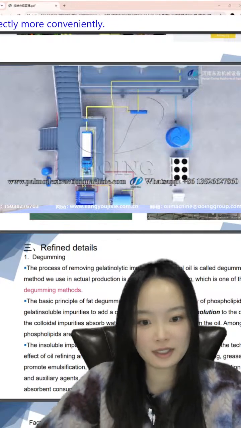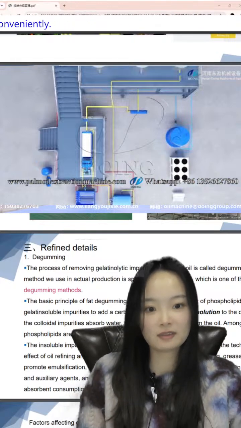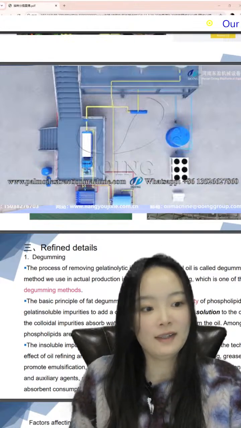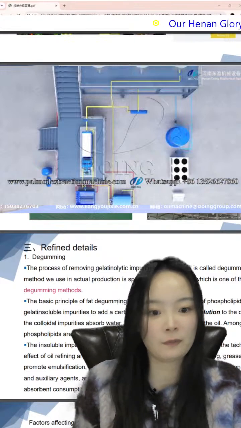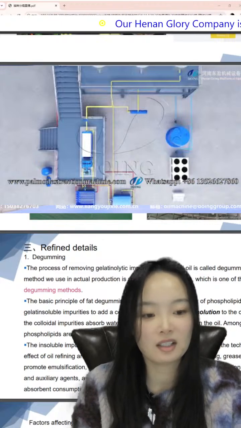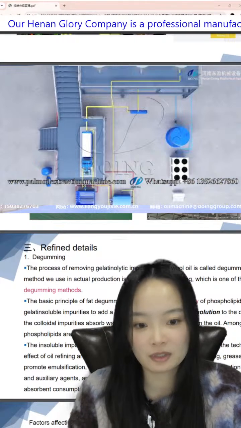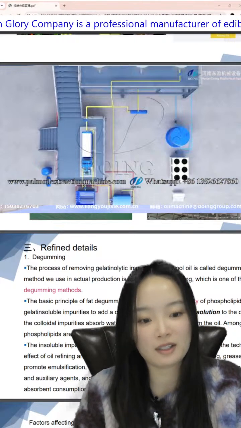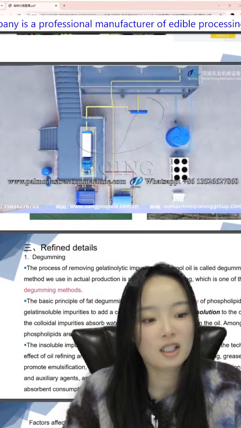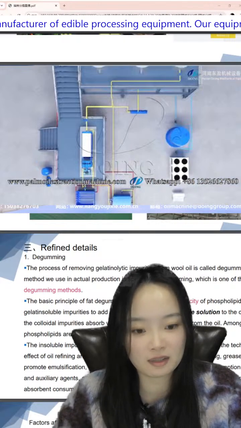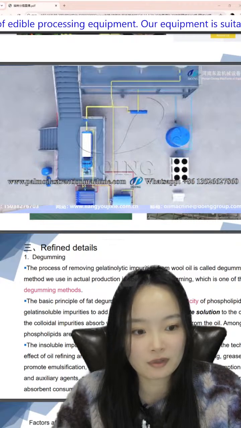And the insoluble impurities not only affect the stability of oil, but also affect the technological effect of oil refining and deep processing. In the process of alkali refining, they will promote emulsification, increase operation difficulties, increase the consumption of refining and auxiliary agents, and reduce the quality of soap stock.